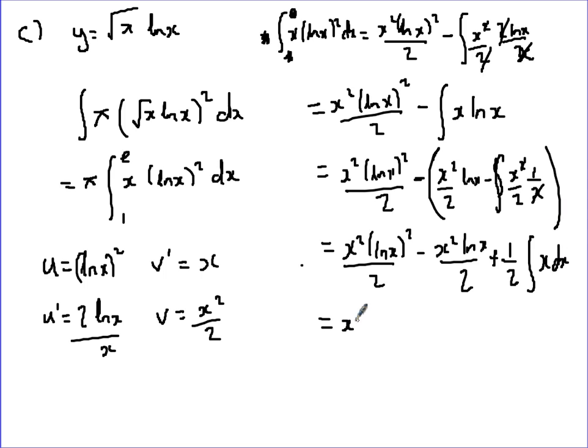That will then give us x squared (ln x) all squared over 2 minus x squared ln x over 2 plus x squared over 4. At that point you're then going to sub in your values of e and 1.